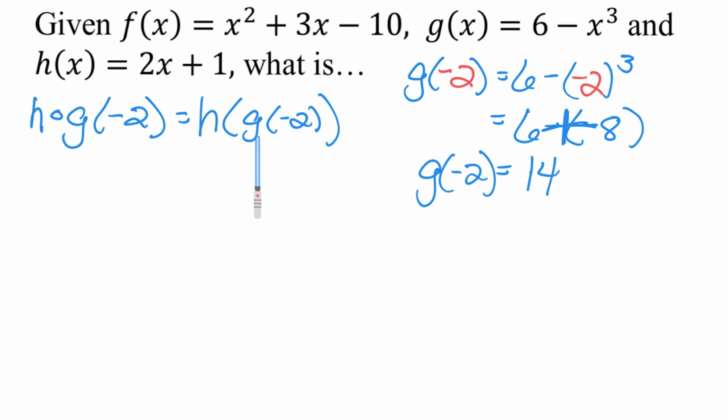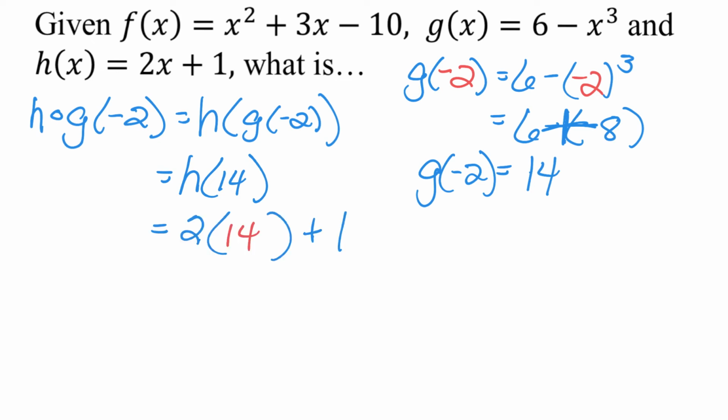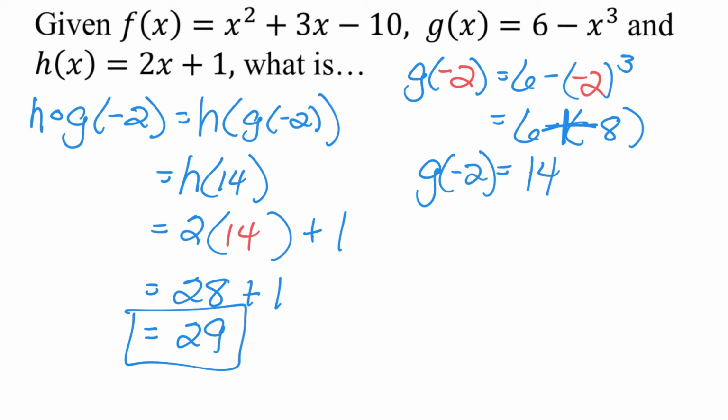So now that we know that this is 14, we rewrite it this way as h of 14. And so now let's go ahead and plug in our values for h, which equals 29. And so we're saying that h composed g of -2 equals 29.